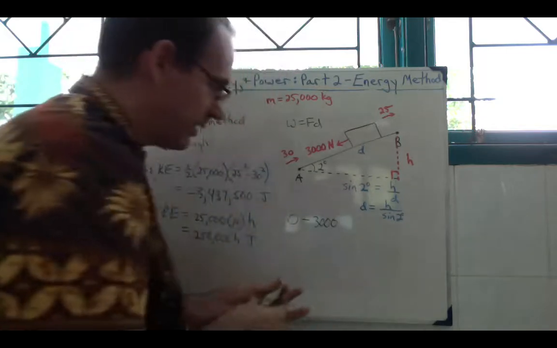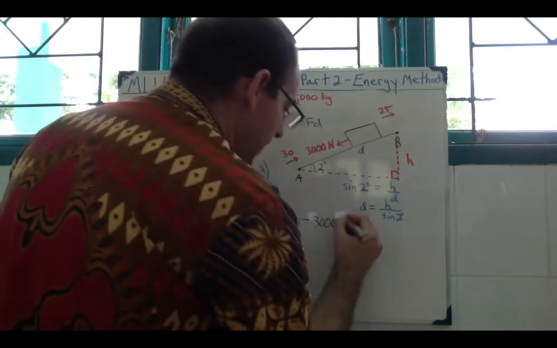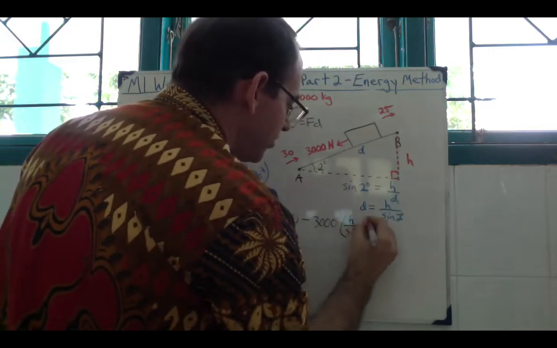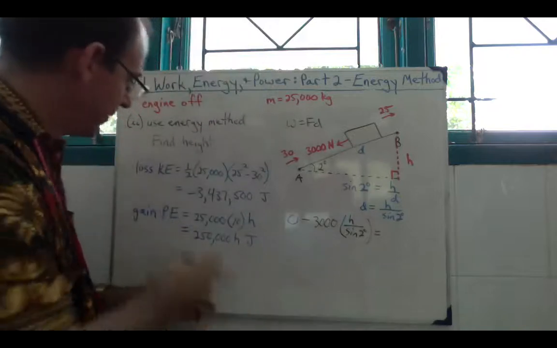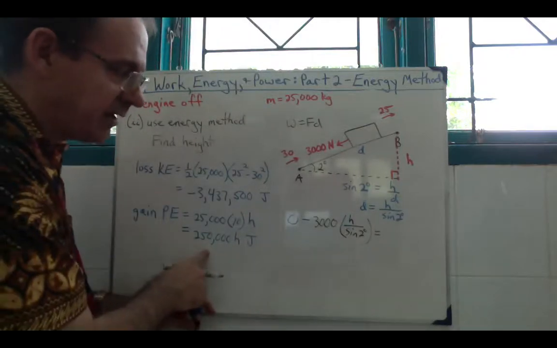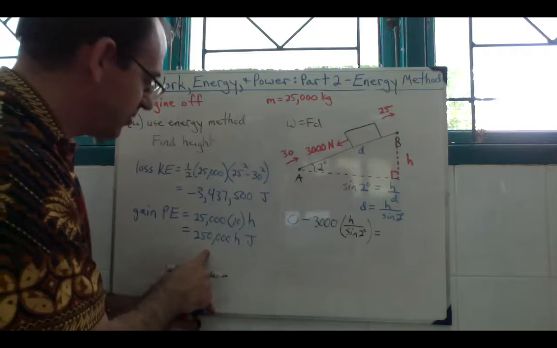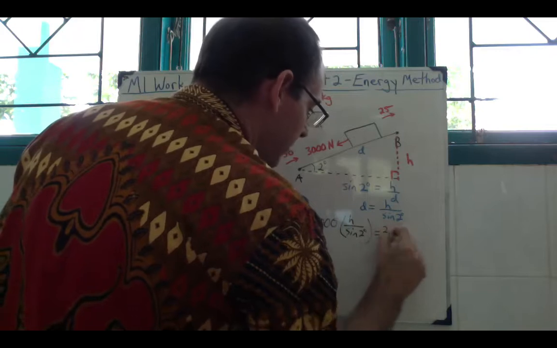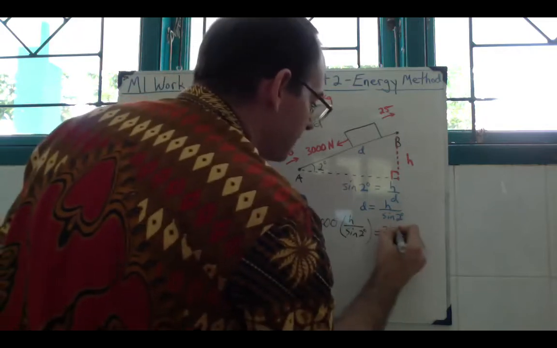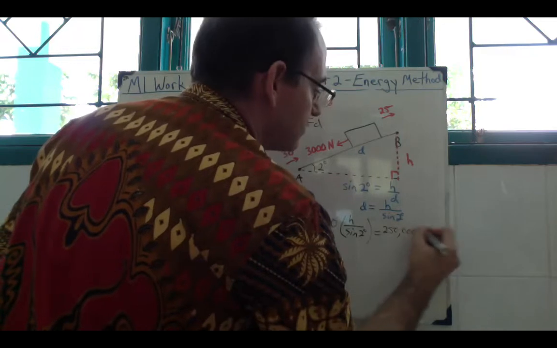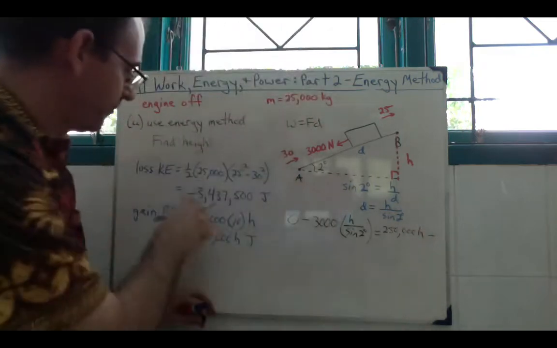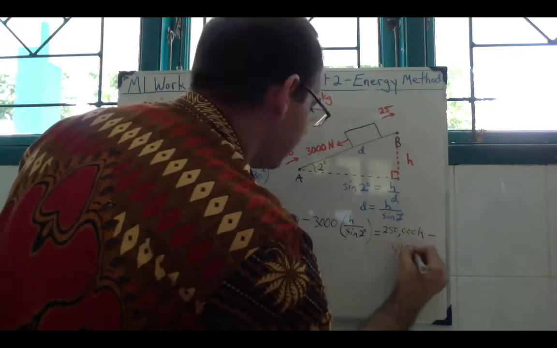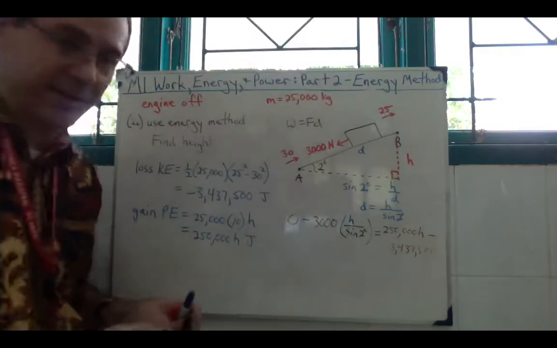So this is 3,000 times h over sine 2 degrees, and that equals our kinetic energy plus our potential energy. So 250,000 h minus the 3,437,500, 437,500 for the kinetic energy.